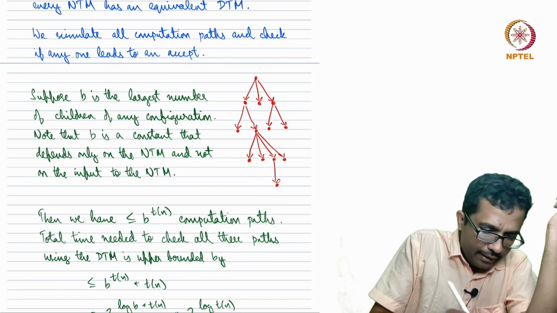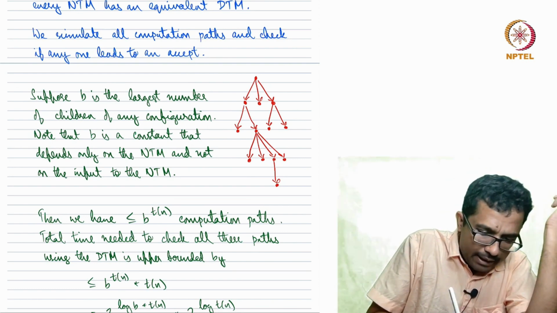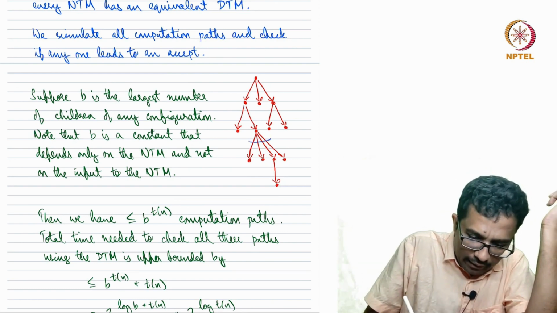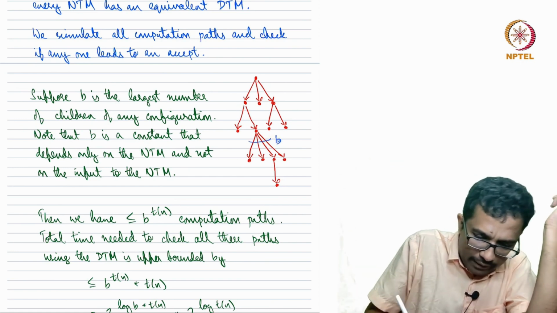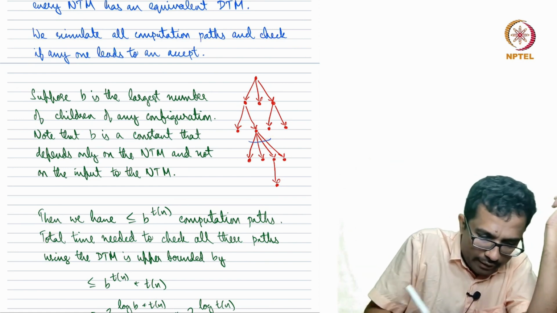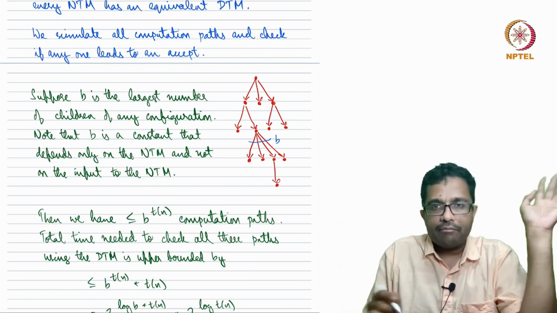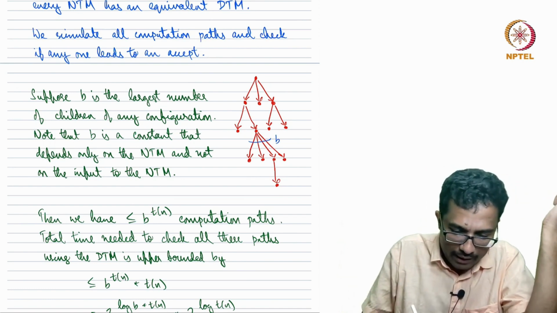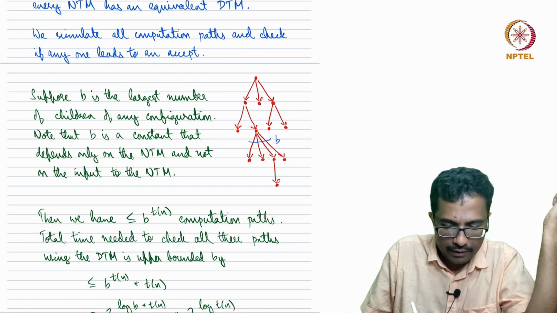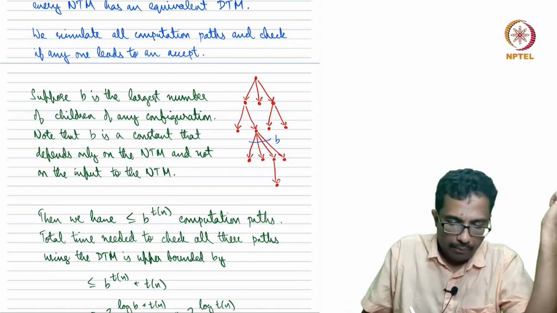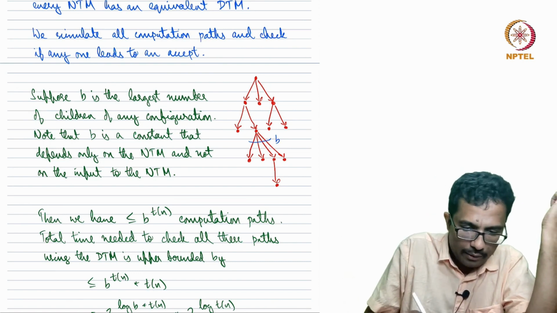Before that, let b be the maximum number of children any configuration can have in this computation tree. In this partial tree that I have drawn, the maximum number of children any configuration has is the one I have marked here: a configuration with 4 children.